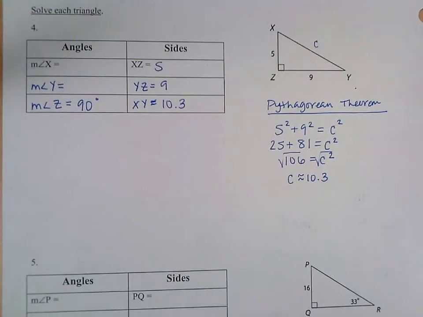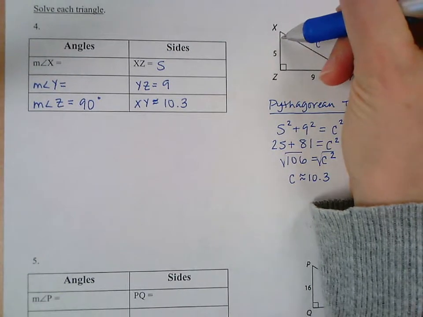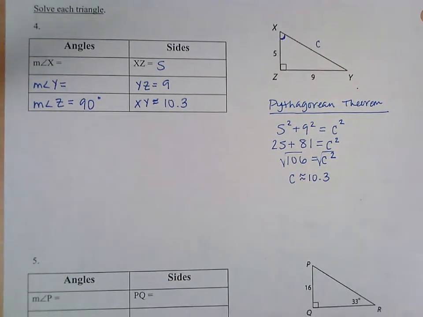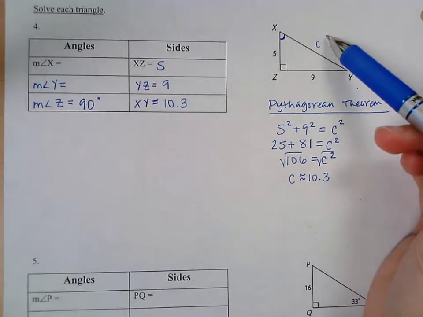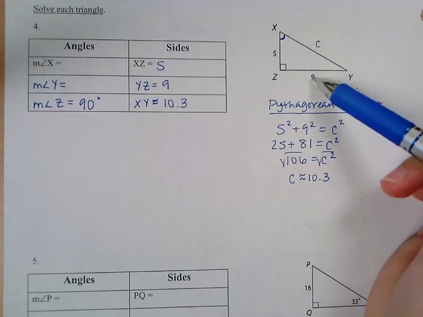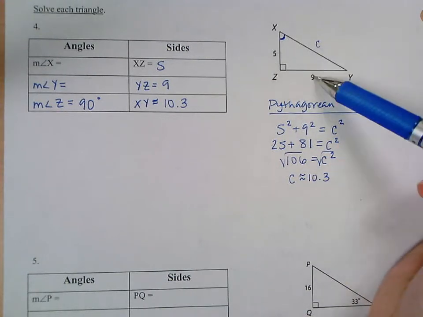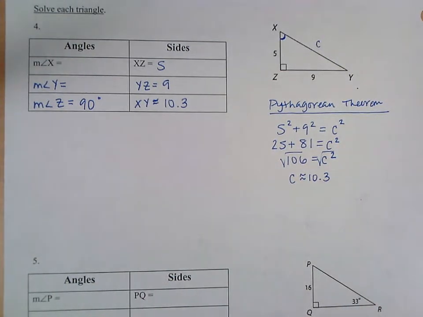All right, then I have to find 2 angle measures. So let's just start with X. Let's find X first. All right, and look at what you're given. So I'm not even writing what C is here. I'm going to look at what I'm given. Look at those 2 sides and label them again.